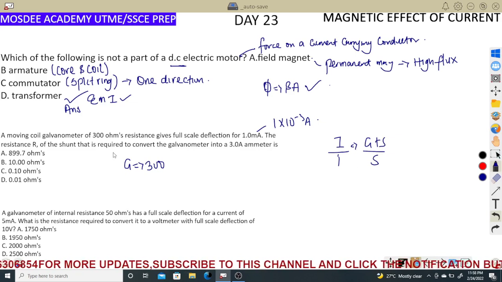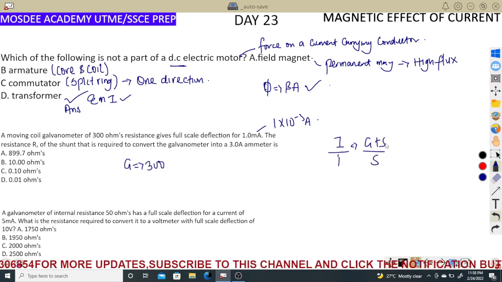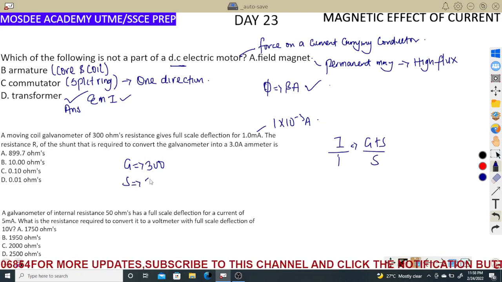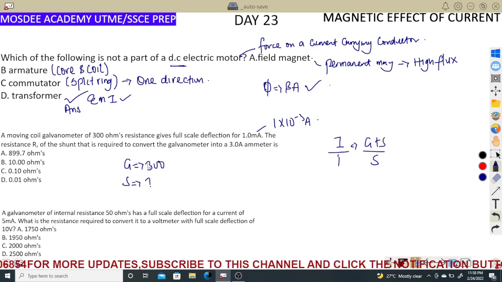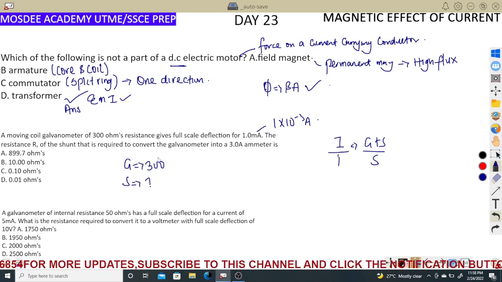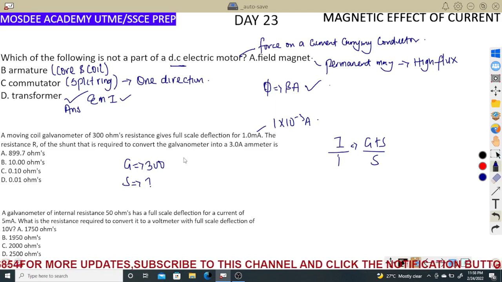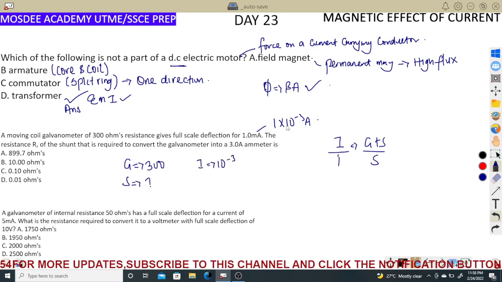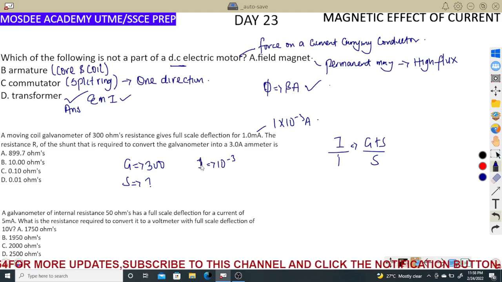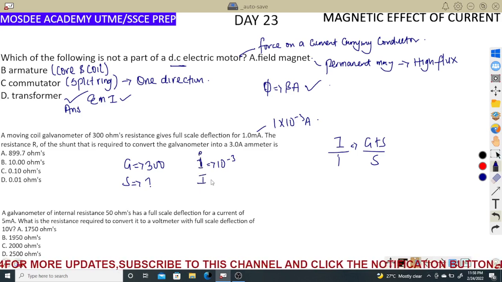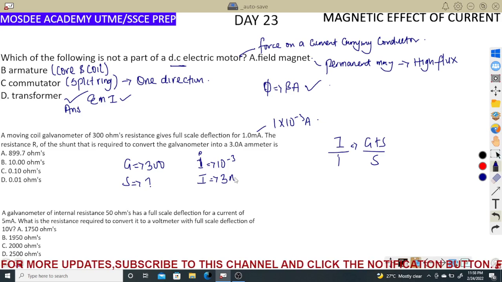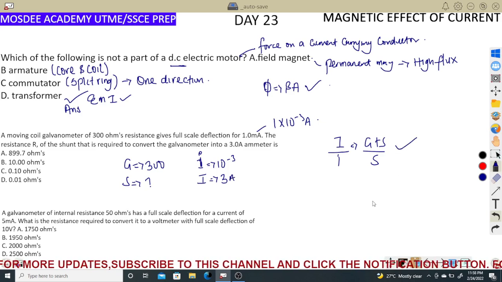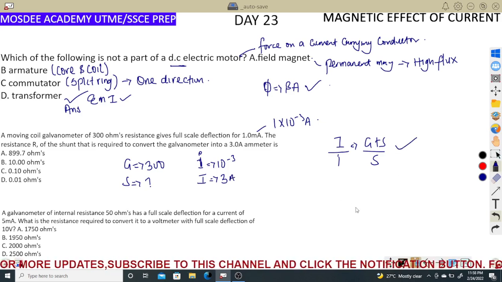So the resistance of the shunt, we are looking for S, that is required to convert the galvanometer into a 3 amp ammeter. So the small letter i is 10 raised to the power minus 3, which I have converted. The capital letter I is 3 amps. Substitute and put your comment down there in the comment section.